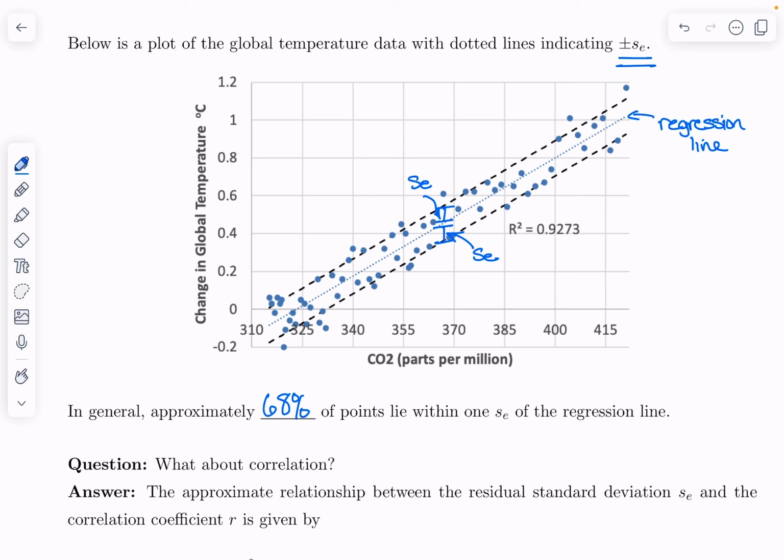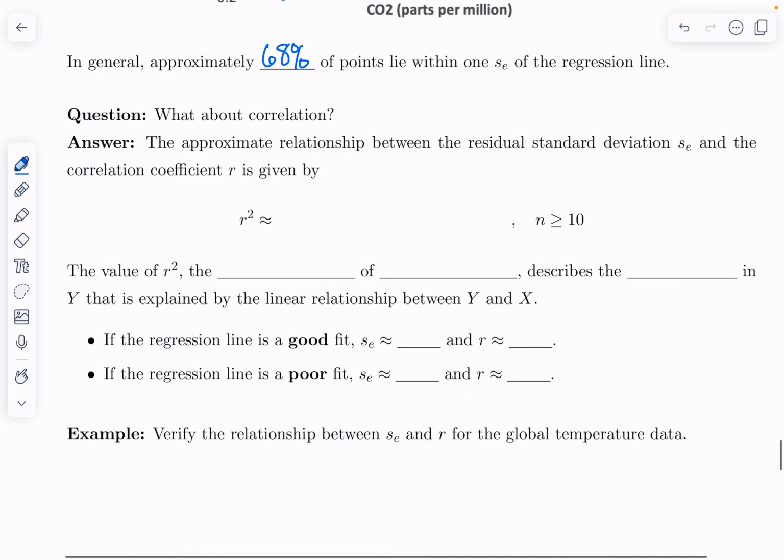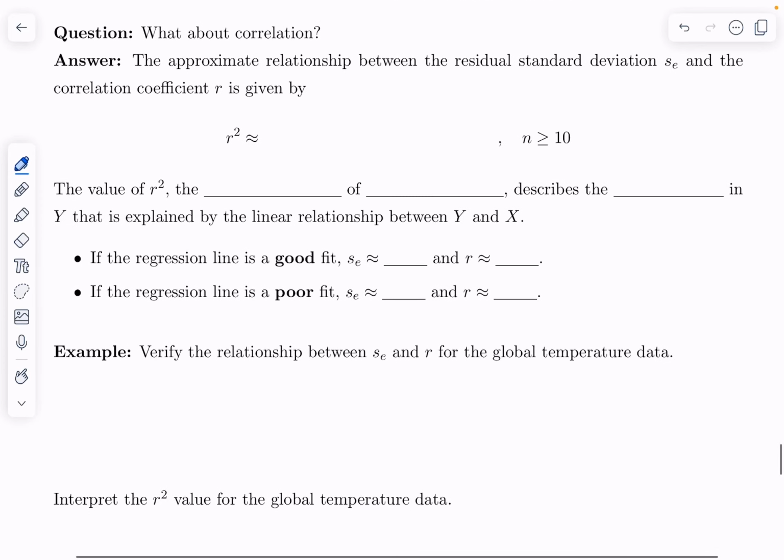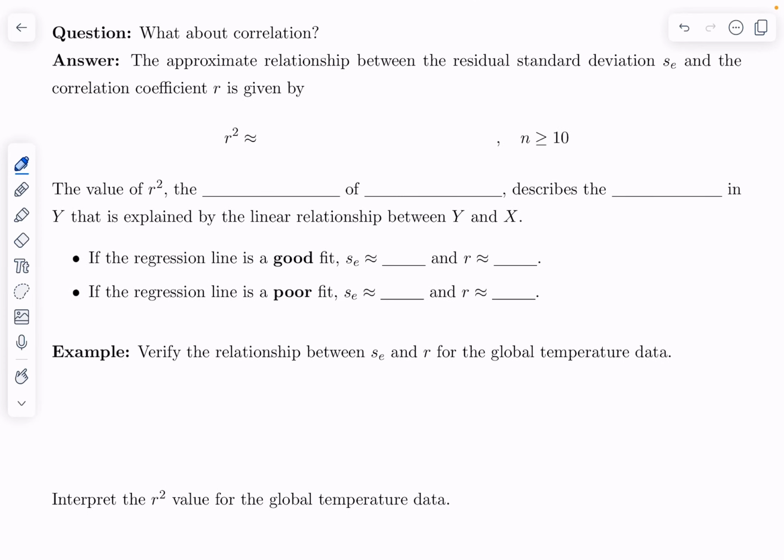Okay, so I'd like to relate the idea of residual standard deviation to correlation, because correlation was another way in which we measured how good of a fit our best fit line is. So there's actually an approximate relationship between the residual standard deviation and the correlation coefficient.